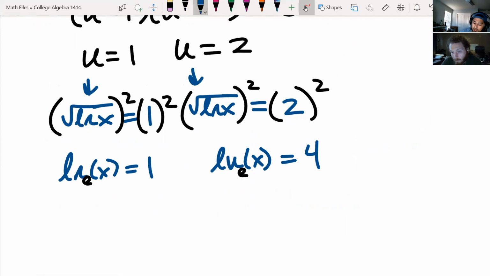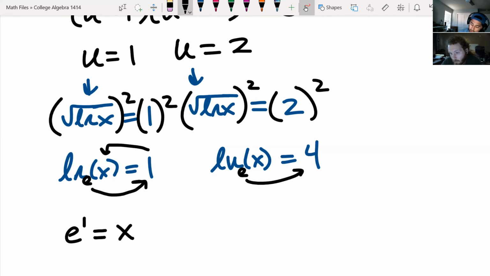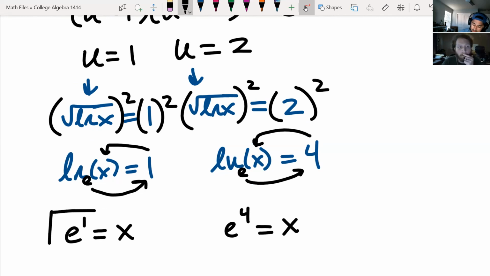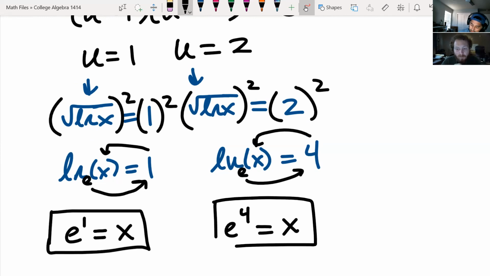So when we convert, it's going to be e to the first power equal to the inside of the log, which is x. Same thing over here. e to the fourth equal to the inside of the log, x. And that should be good enough.